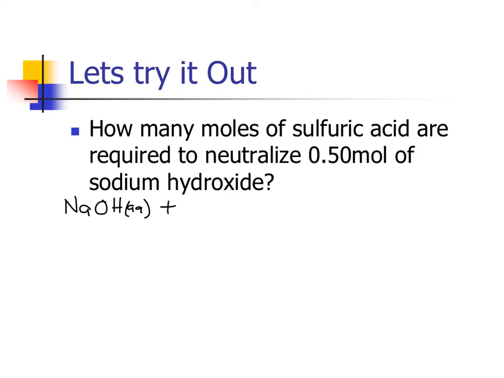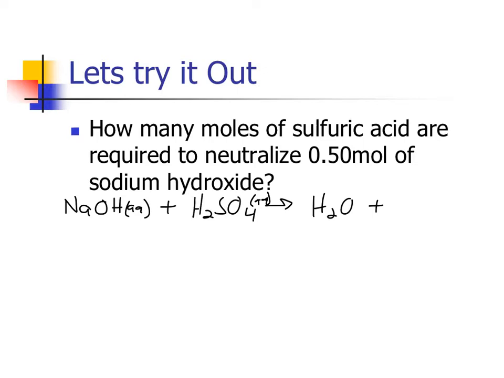We can see that sodium hydroxide is being mixed with sulfuric acid. We know, because it's a neutralization reaction, that would be aqueous as well. Water is going to be given off, as well as our salt.